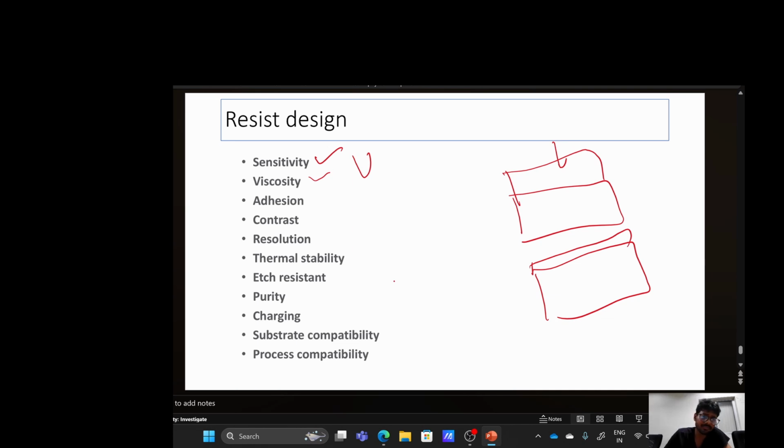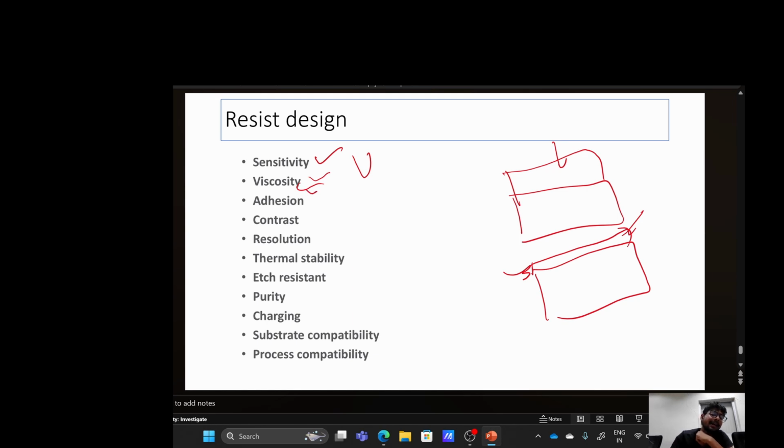If the film is very thin, it will also get dissolved during the development process. So it should not be too thin and not too thick. If viscosity is very high, you can dissolve it in a proper solvent, reduce the concentration and reduce the viscosity.